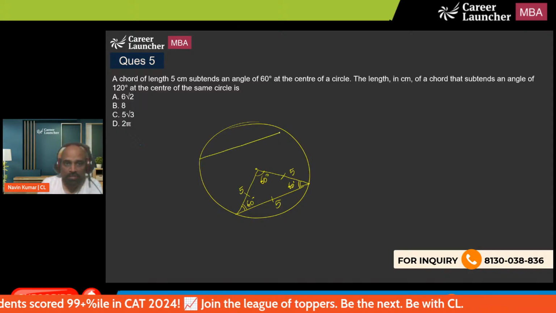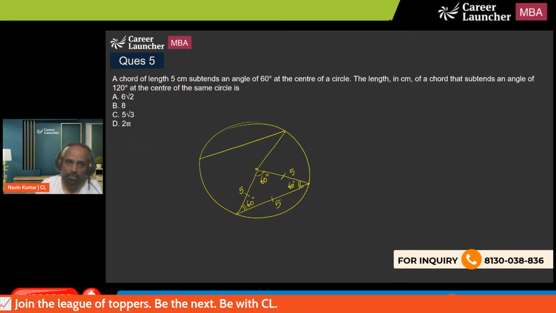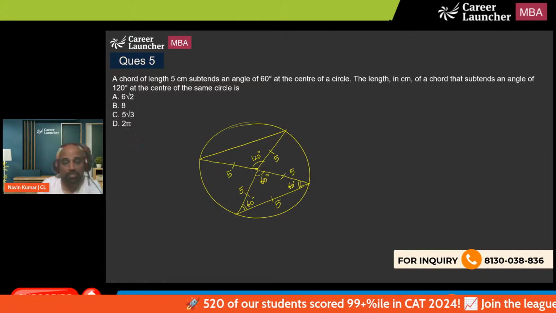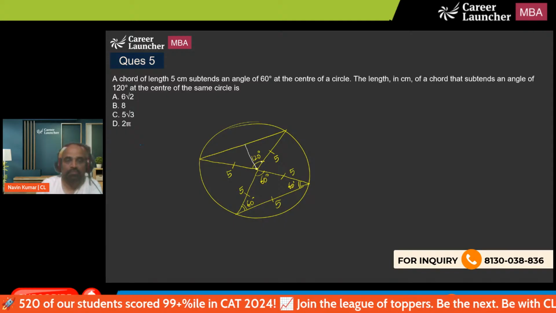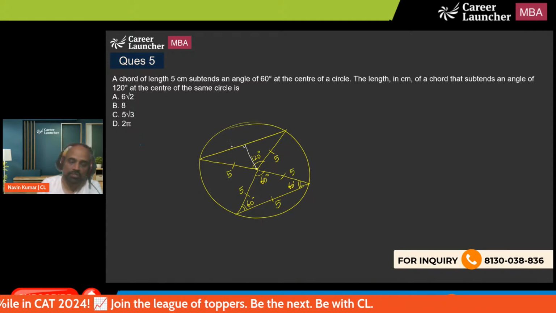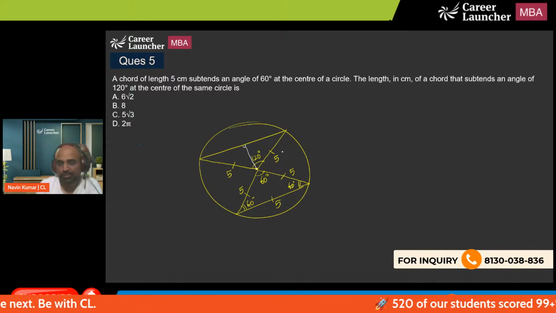Now if we need to find out a chord length which subtends an angle of 120 degrees at the center, where of course the radius is 5, we have just calculated this. Then this length is going to be 5 and 5.